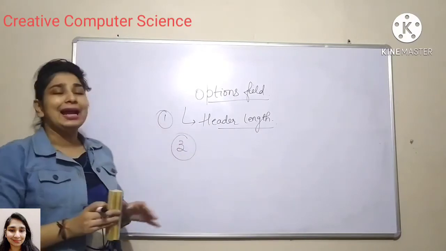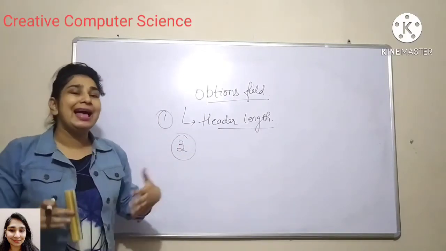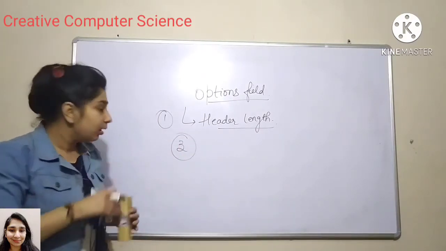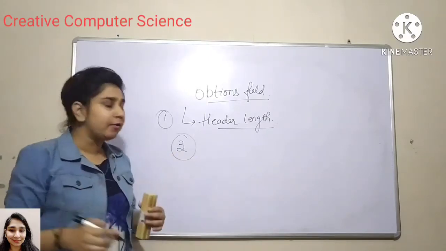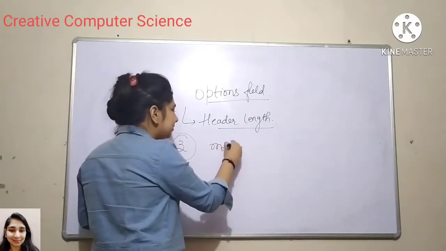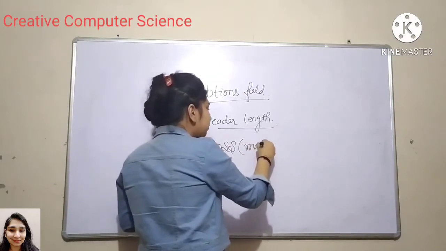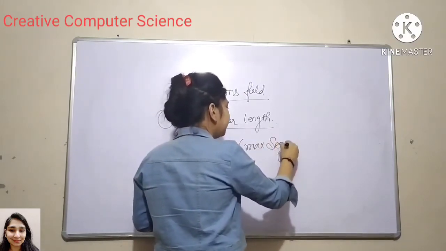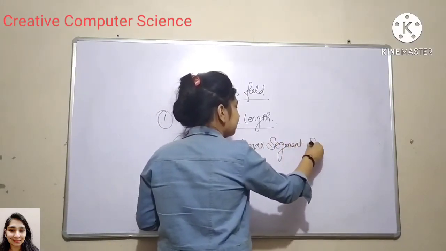The third point where we can use the options field is this. If you look at the TCP header, we had an advertisement window size, but there was no field for the maximum segment size.